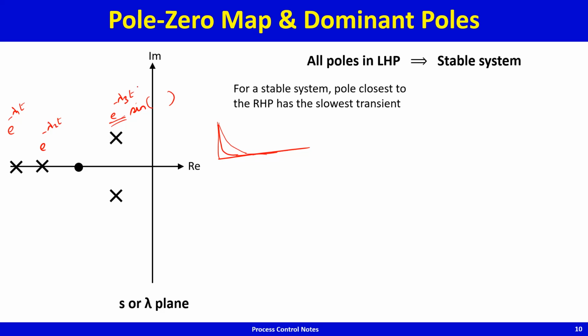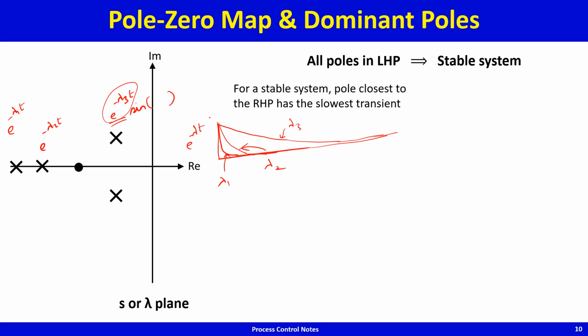On the other hand, this one, because its lambda 3 magnitude is much smaller, the decay is much slower. So lambda 1, lambda 2, lambda 3, what are we plotting? E to the power minus lambda t.